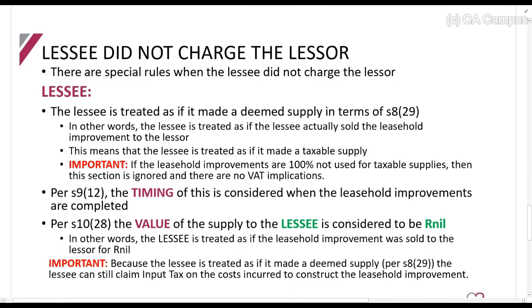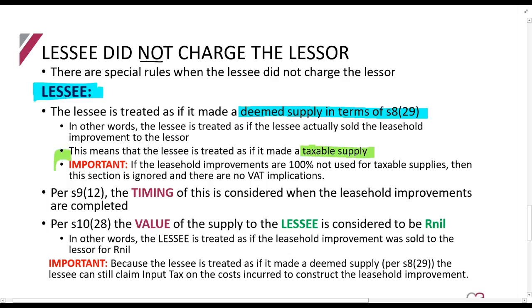But what happens if the lessee did not charge the lessor? Okay, so now what you need to see is, first up, we're looking at the lessee here. The lessee is treated as if they sold that leasehold improvement to the lessor. So they didn't, but they are treated as if they did in terms of Section 829. That means they are treated as if they made a taxable supply.